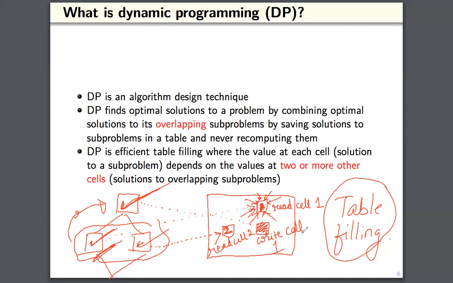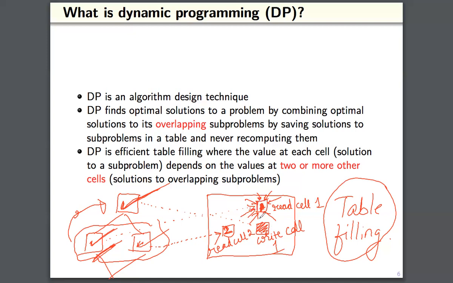Writing to a cell means whenever you compute that cell, you write to it. So you are computing a cell once, you are writing to that cell once. I mean, the final answer once. You can partially update it again and again, but you are completely updating it only once.